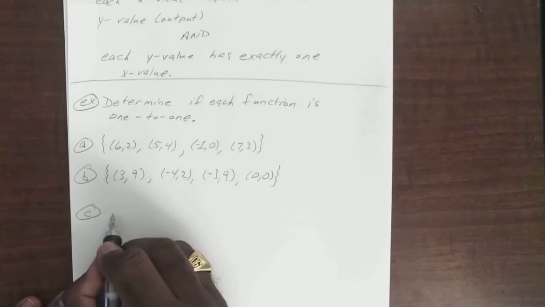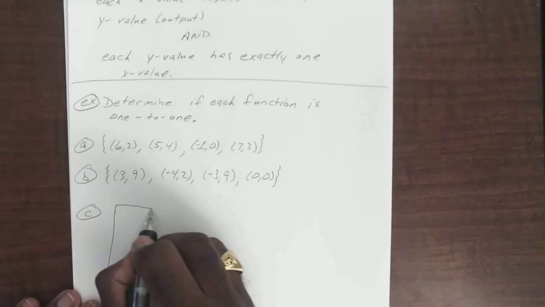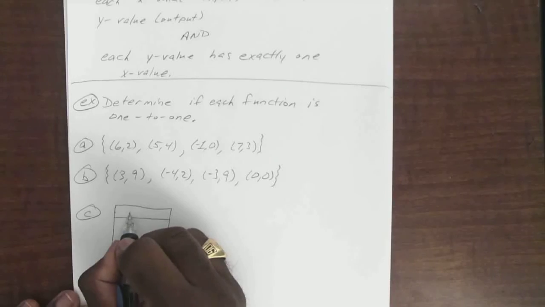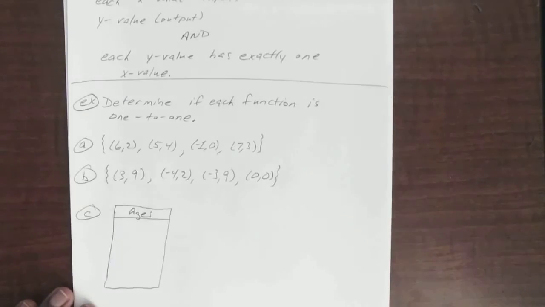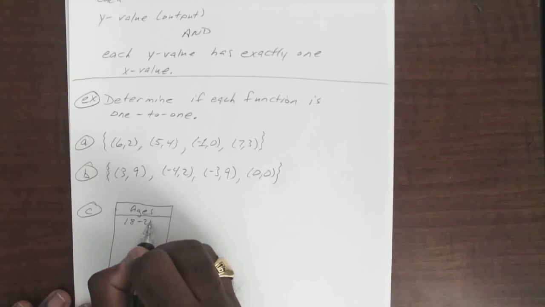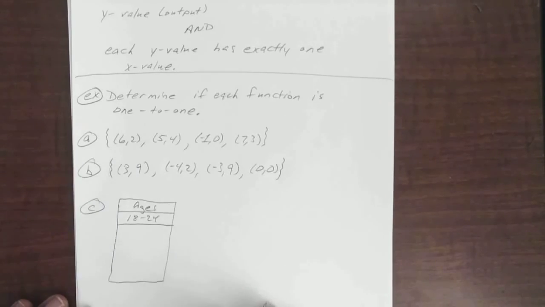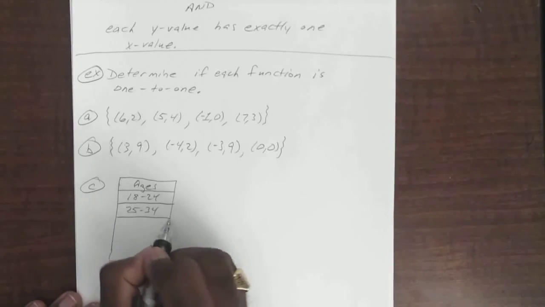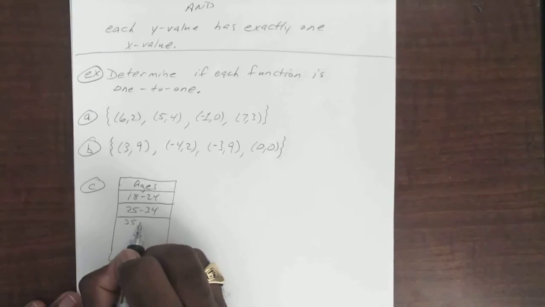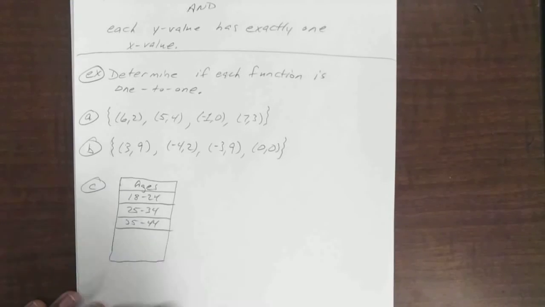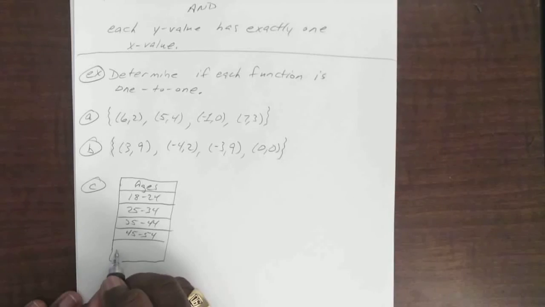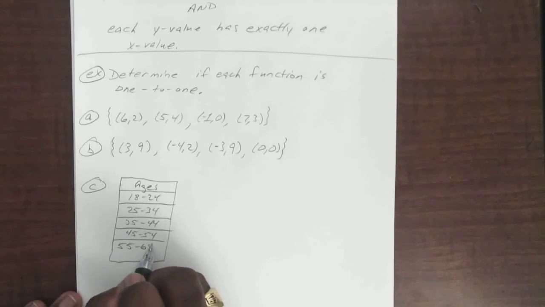And let's say for C, we'll throw a graph in there. Okay, so we have 18 to 24, 25 to 34, 35 to 44, 45 to 54, 55 to 64, and over 60.